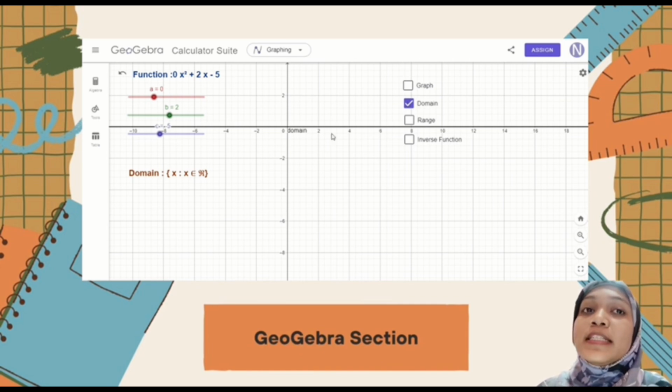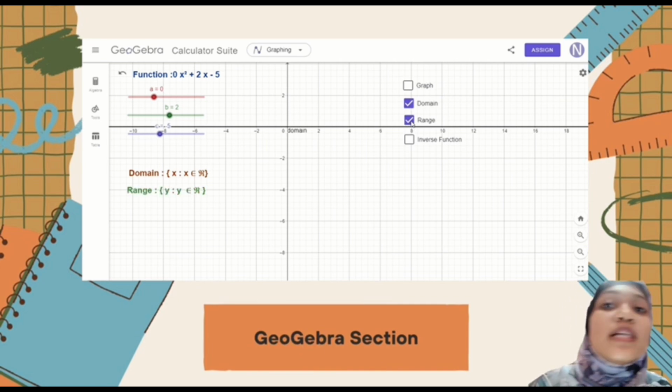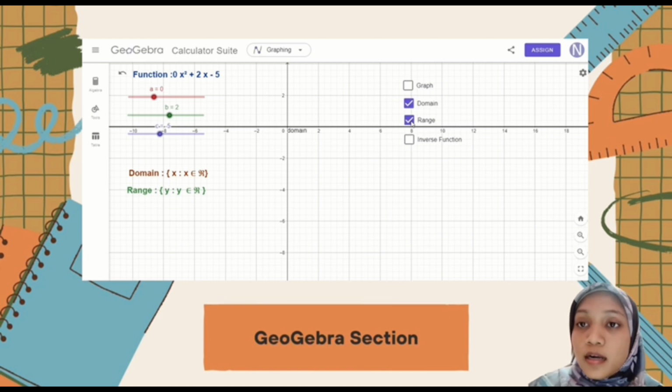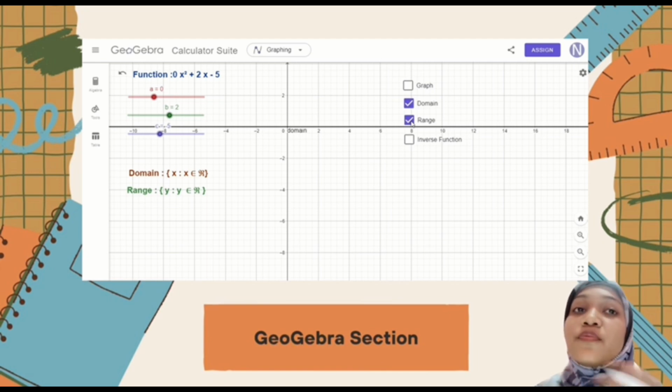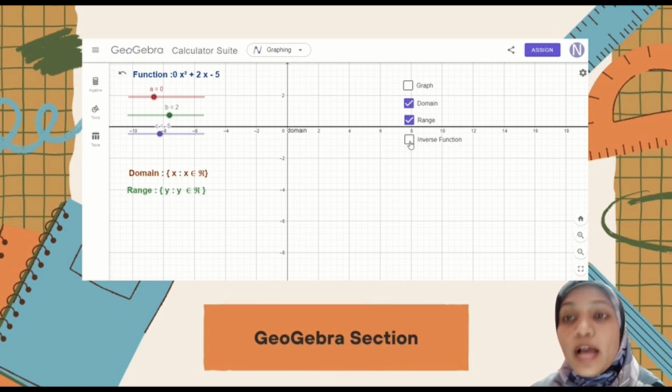Next, for the range. For linear, any type of function, it will always be any real number, same as the domain. Next was the inverse. We know that to find the inverse, we set f equal to x.